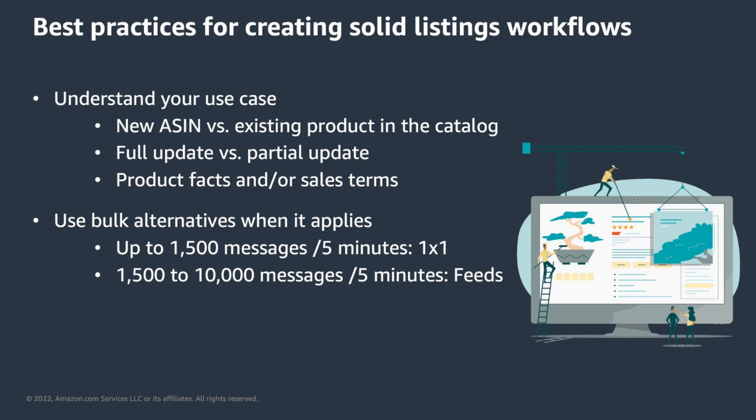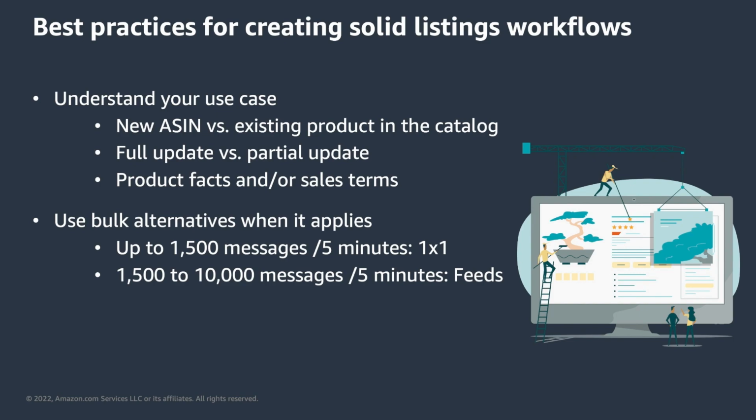Is your use case to list an item that doesn't exist in the catalog yet, or to create an offer for an existing ASIN? Do you want to do a full update or just modify a few attributes? Do you need to upload product facts or sales terms, or both? Getting clarity here will help you identify the correct workflow and achieve better results.